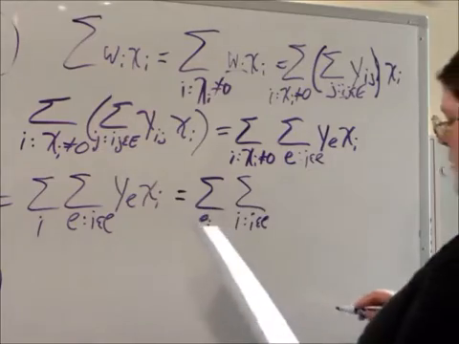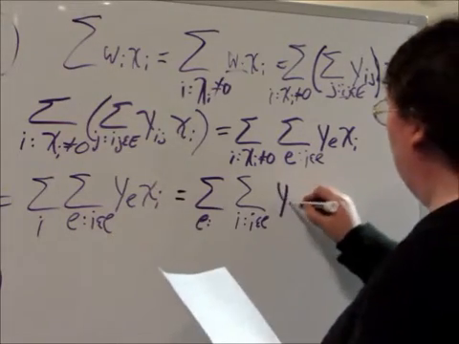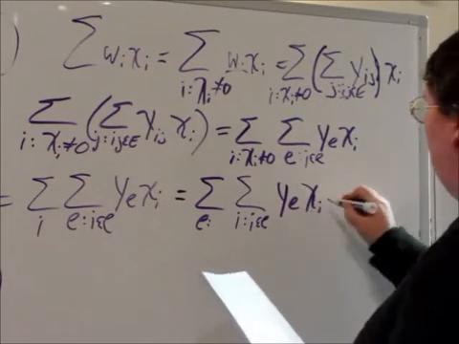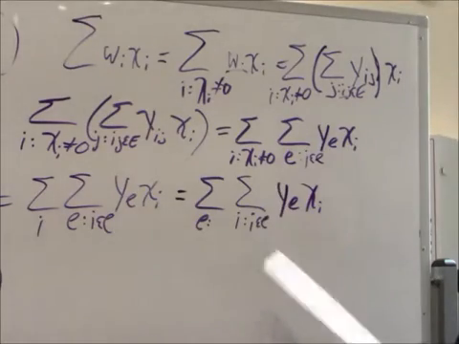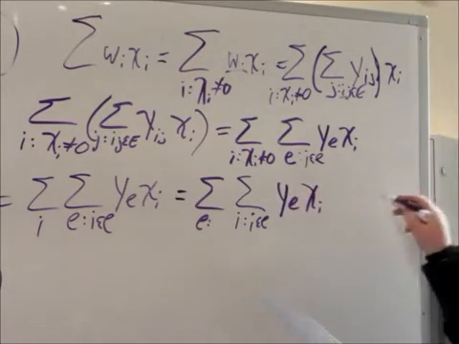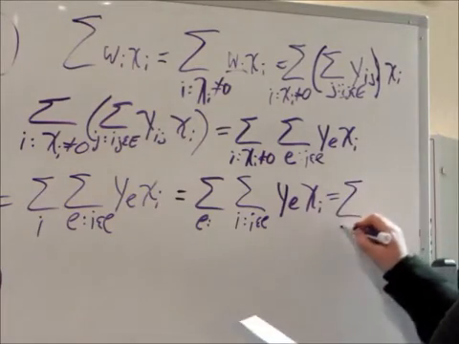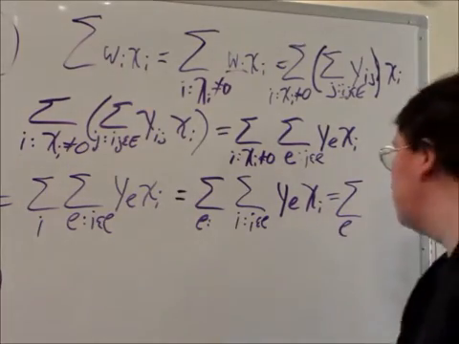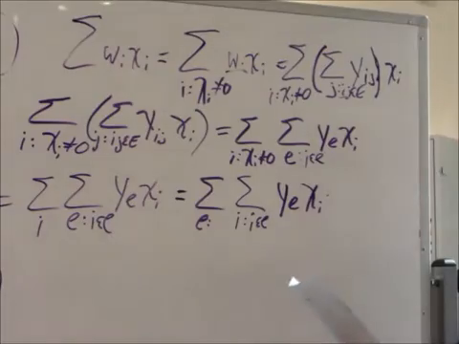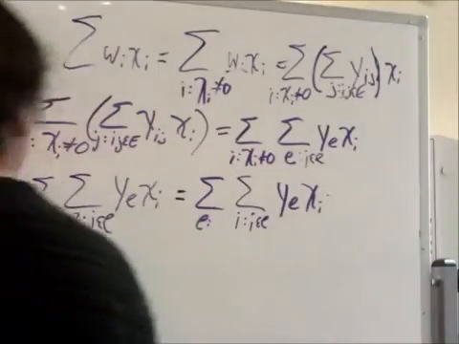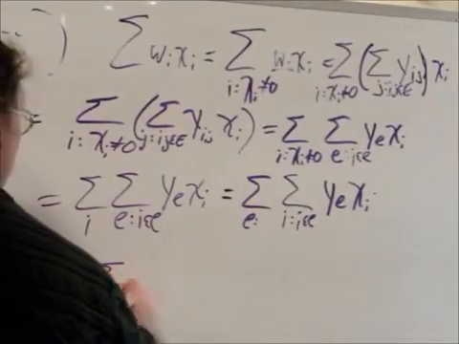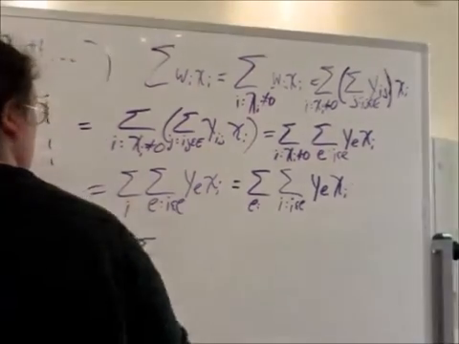And we've got the same thing on the inside: y_e xi. Now I'm going to pull the same trick. I'm going to pull y_e out of the expression. No, I do not have enough space here. Sum of all edges.